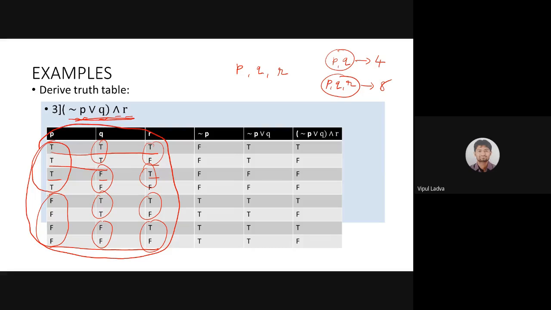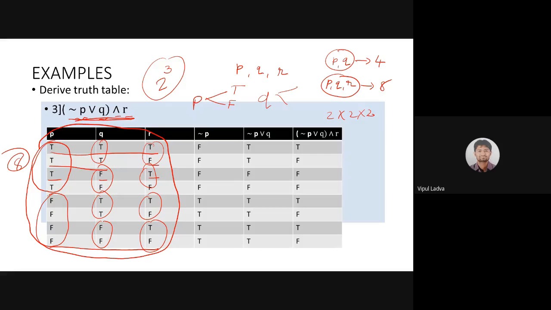So observe the height of this particular truth table, the height is 8. That is actually 2 raised to 3. Why is the length 8, why 2 raised to 3? Because for P there are two possibilities, T and F. Similarly, for Q there are two possibilities, T and F, and for R too, and we are using the multiplication rule, that is 2 into 2 into 2.